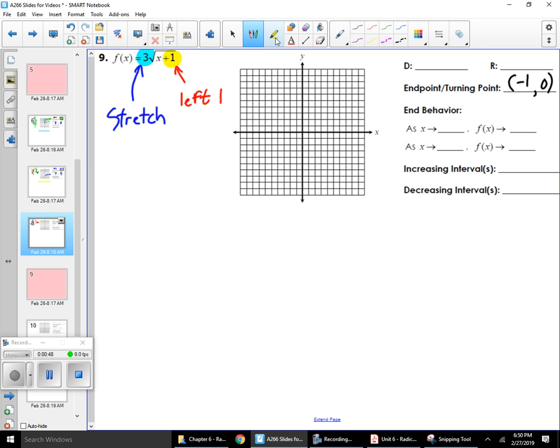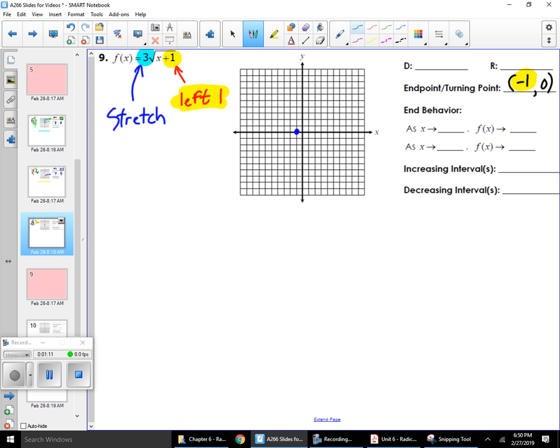Again, the -1 is because of this h, this left, but I don't have any plus or minus on the outside, so we're going to have a y value of 0 for that starting point.